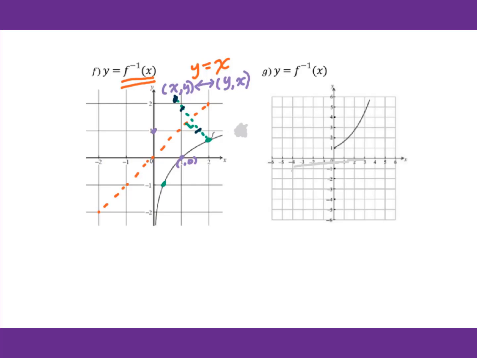Do the same thing for these points. I draw a perpendicular line, then extend. Make sure these 2 are the same distance. Then I got here. Then you can connect these 3 points like this.